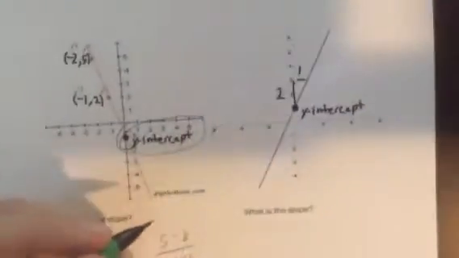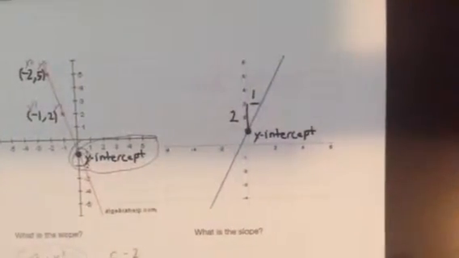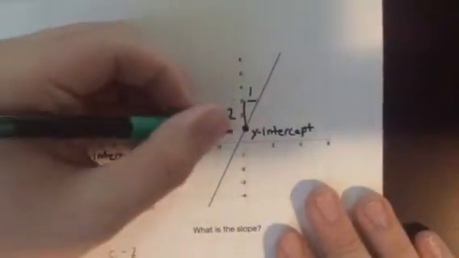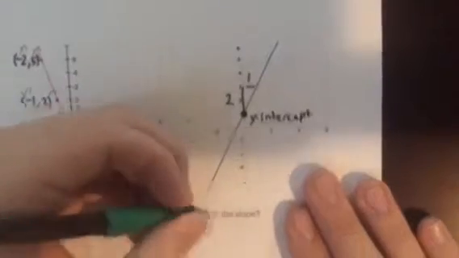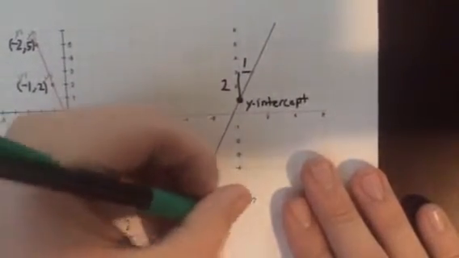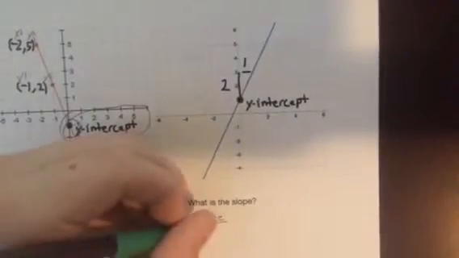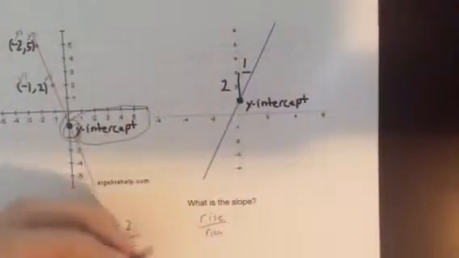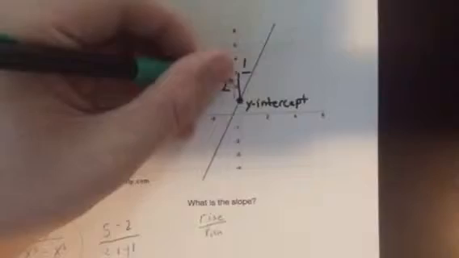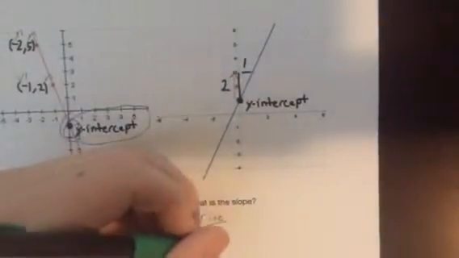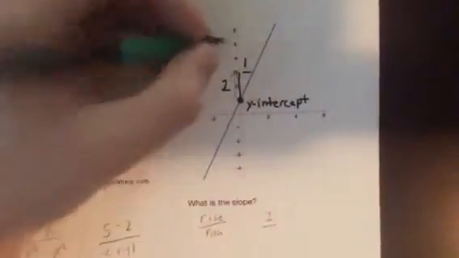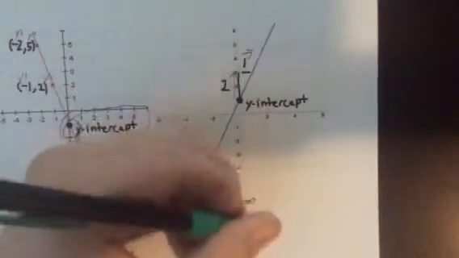Right here is another method of doing it, which is just counting it. And slope is rise over run. So when you go up 2, that's a rise, which is 2, and then over 1, that is 1.